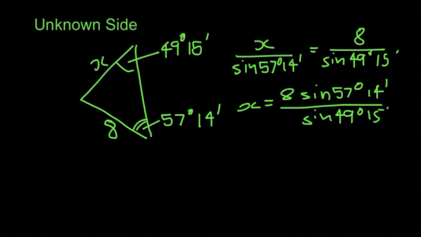And if you enter that expression straight into your calculator exactly as it looks, then you'll find that the length of the side is, to 2 decimal places, 8.88. And we write in units just to indicate that it's units of length and not units of area that we're dealing with. That's the sine rule for unknown angles and unknown sides.